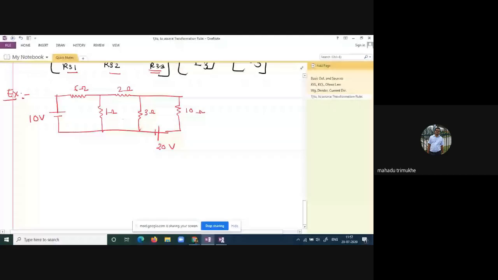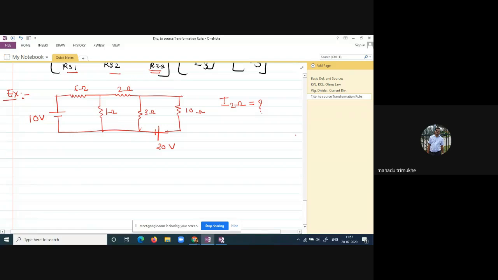This has three loops or three meshes. Your aim here is to find the current flowing through the 2 ohm resistor, which means you have to find I2.